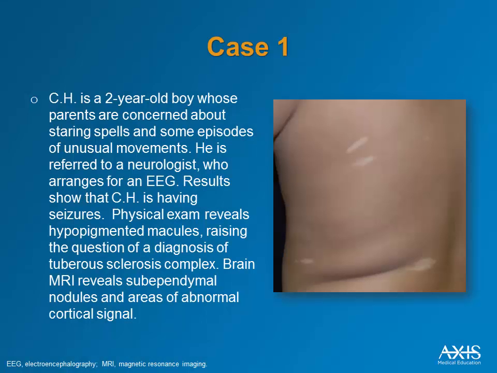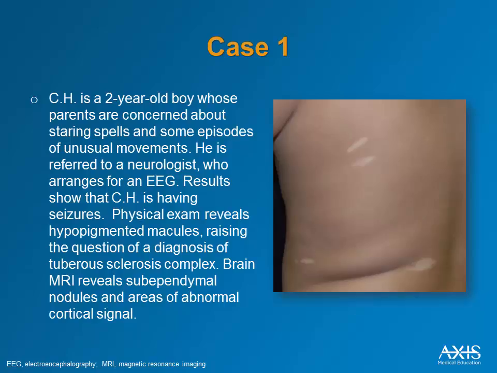The first is that of a 2-year-old boy whose parents noticed that he's having some staring spells and unusual movements, and bring these first to their pediatrician's attention, and then ultimately he's referred to a neurologist who arranges for an electroencephalogram, and in fact it does reveal that he's having seizures.